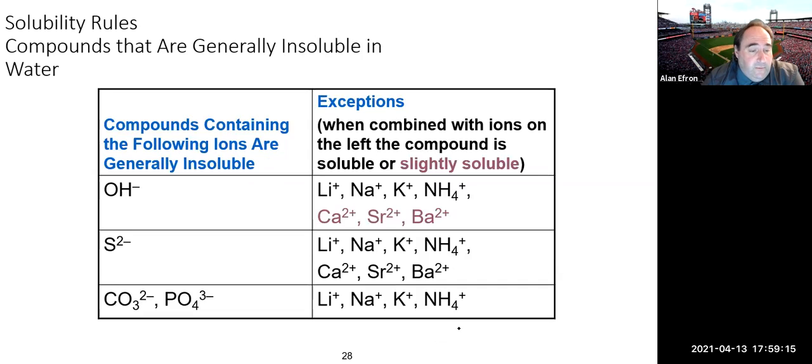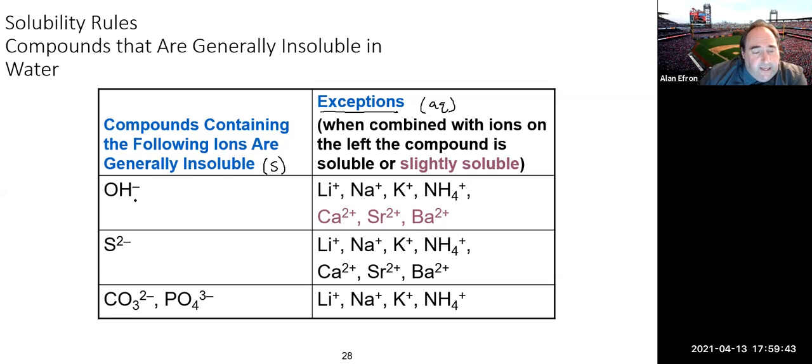Now, there are some rules that apply to things that are typically insoluble. The guys on the left here are typically insoluble, which means they will typically get the solid symbol unless they have an exception with somebody on the right-hand side. If they're on the right-hand side, they then become aqueous, or soluble.